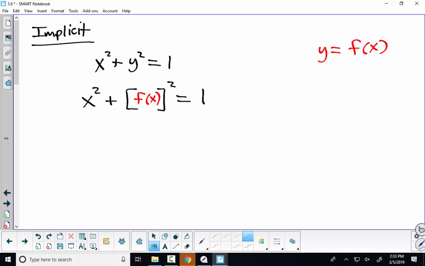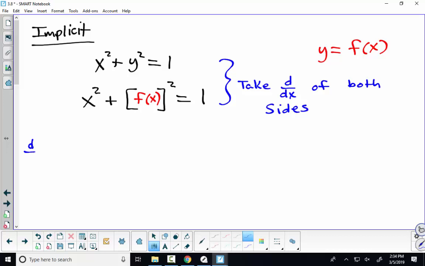Okay. And so we just take the derivative of the equation, either one of these, take the derivative of both sides of the equation. So I'll just put that step here. You don't necessarily have to write this out, but just so we're clear, there's the expression.